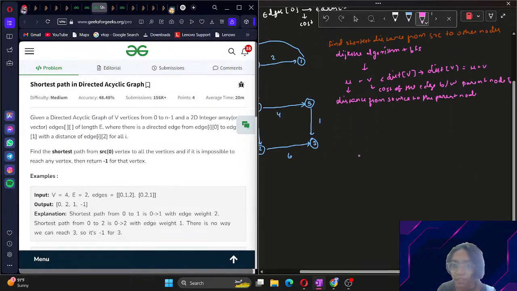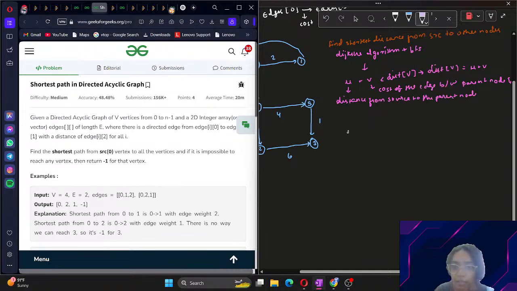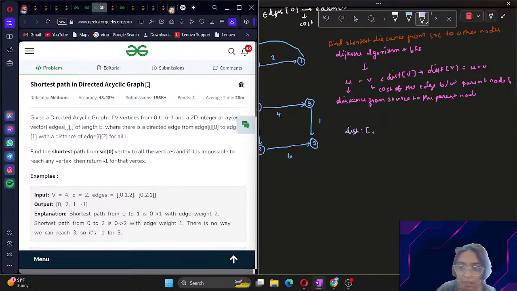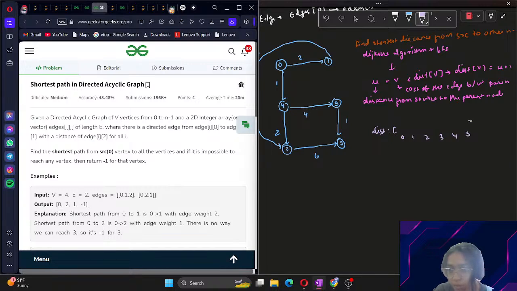So to achieve this, let us have an array of distances for all the nodes. So that is for 0, 1, 2, 3, 4, 5, set to infinity.